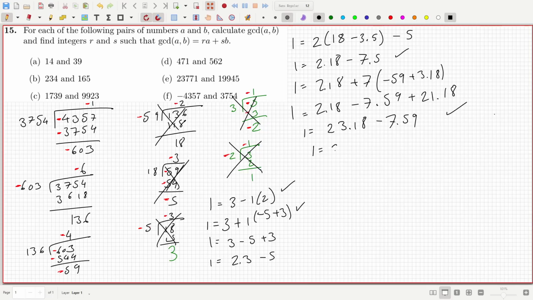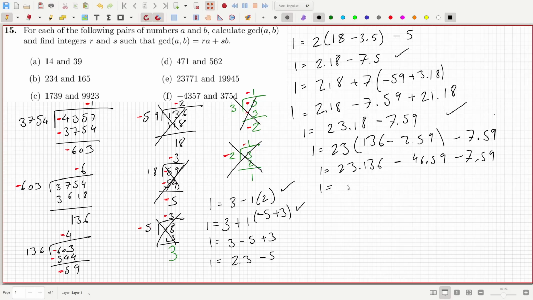So that's 1 equals 23 times 18, which is 136 minus 2 times 59. That was it, minus 7 times 59. So that's 1 equals 23 times 136 minus 46 times 59 minus 7 times 59.